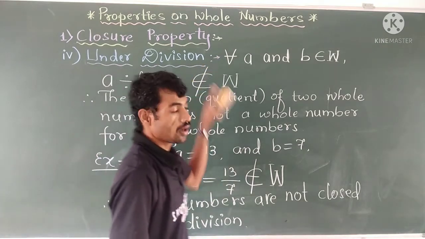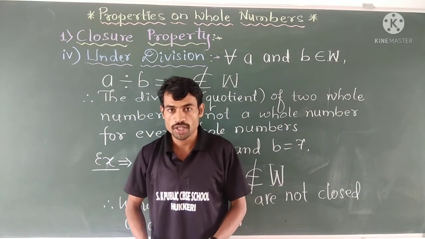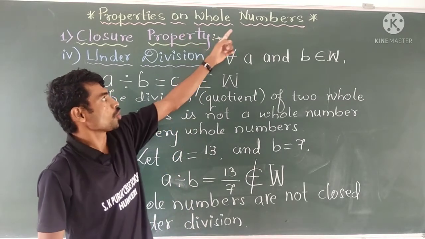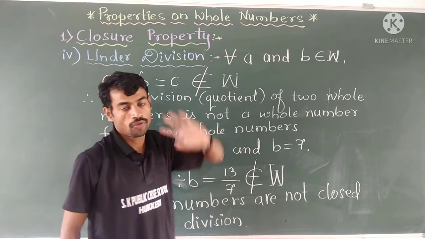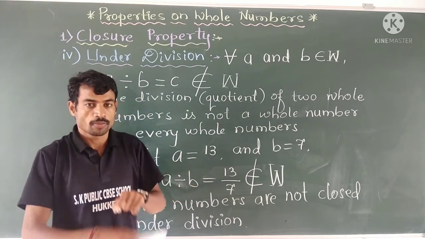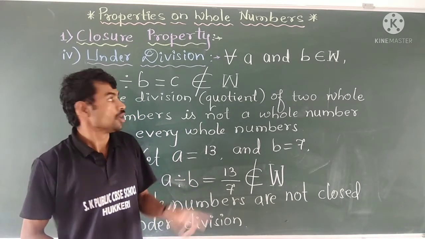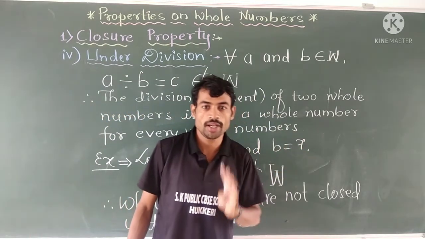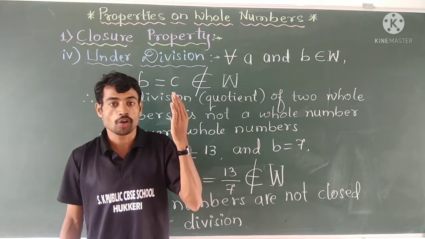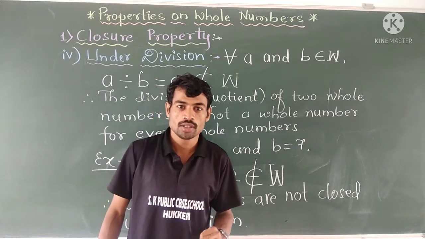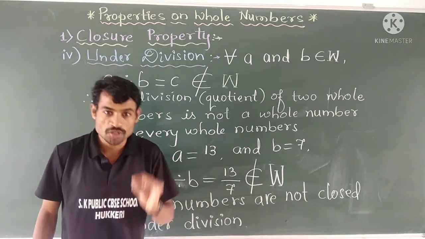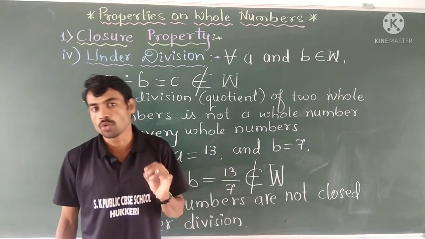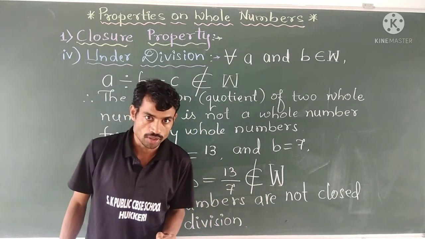So these four are the operations used for the closure property of whole numbers. By seeing all these four operations, whole numbers are closed under addition, not closed under division, closed under multiplication, and not closed under subtraction.